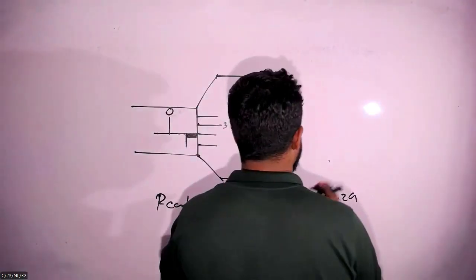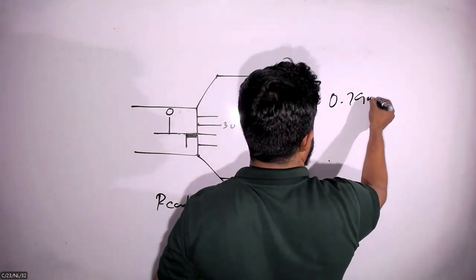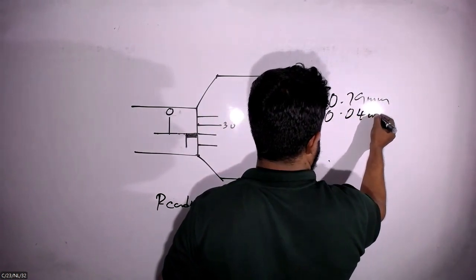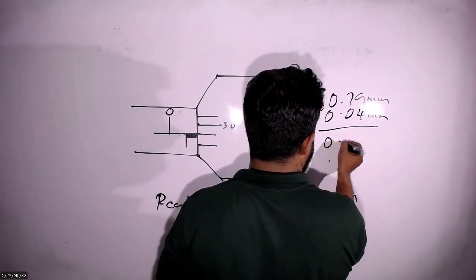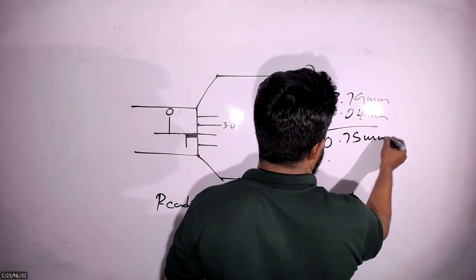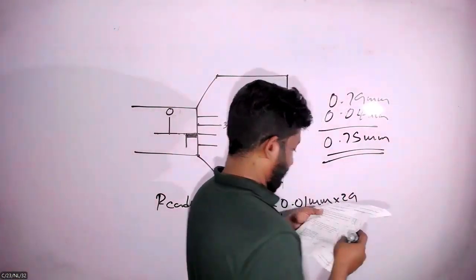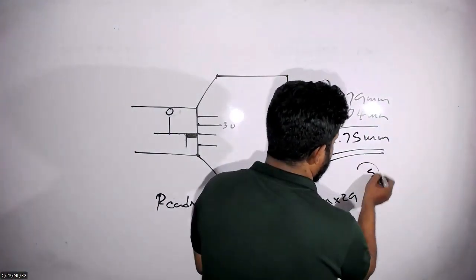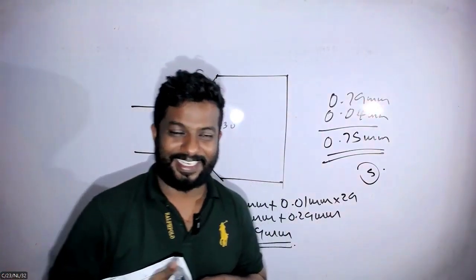Therefore, to obtain the real length, you need to deduct this zero error from your answer. The corrected reading should be 0.75 millimeter. Fifth one is the answer. Got it? Let's see the next question.